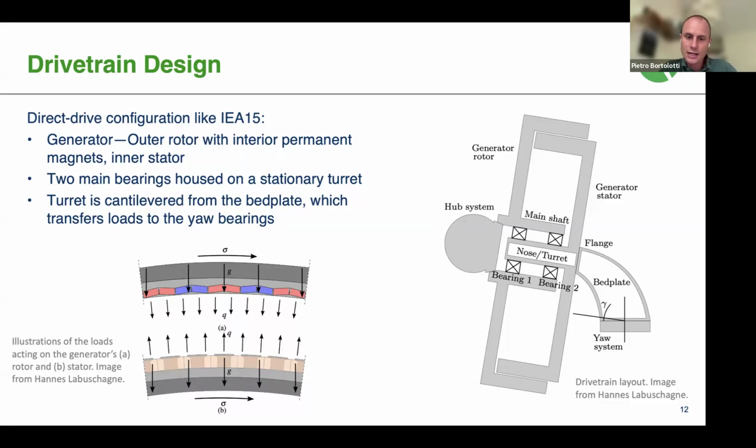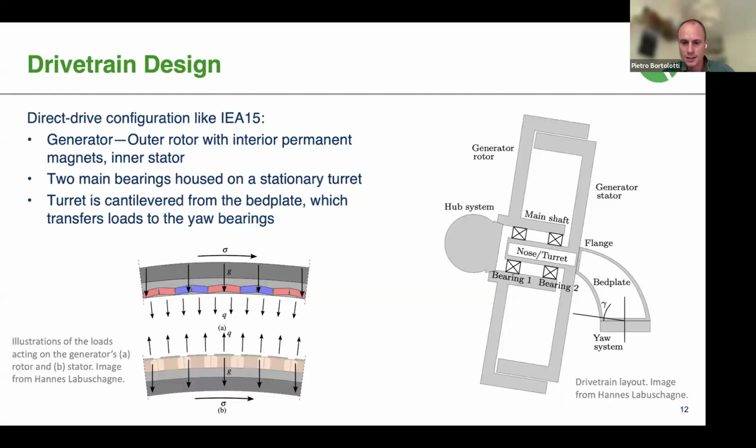The IEA 15 generator had surface mounted magnets, while this generator at 22 megawatt has interior permanent magnets. And the technical report describes the reason behind this change. We have two sets of bearings, upwind and downwind, mounted on the turret.